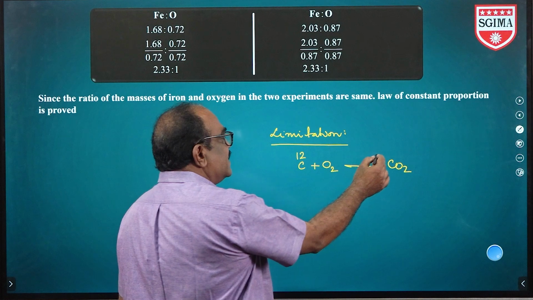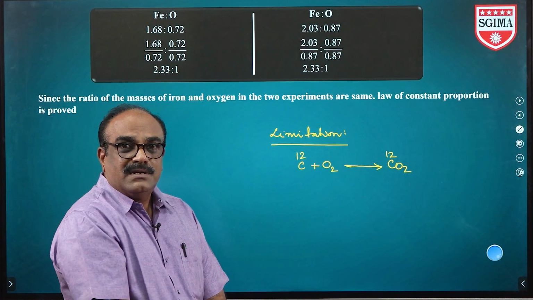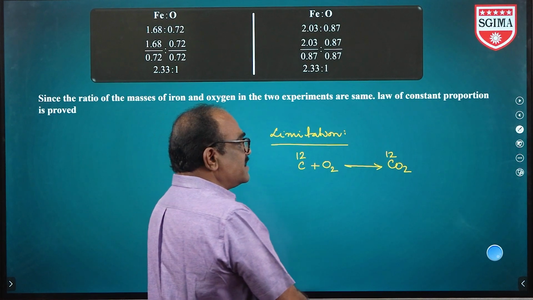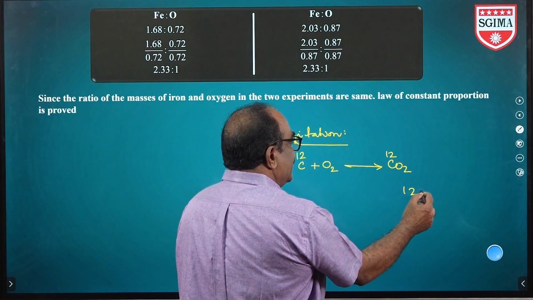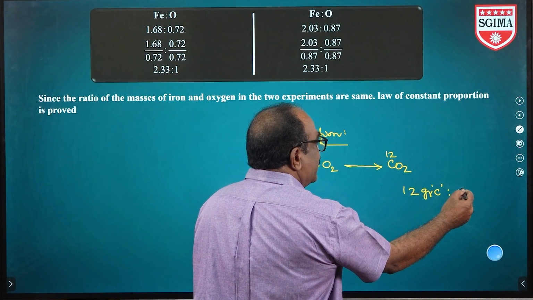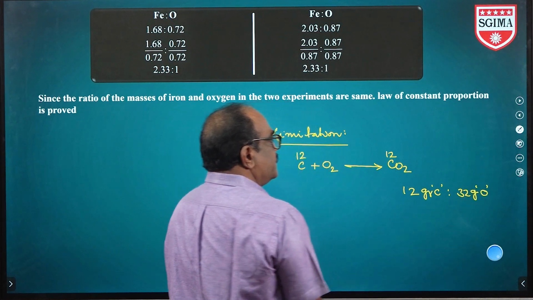Here the carbon dioxide is produced from the carbon 12 isotope. So, in this, 12 grams of carbon is going to combine with 32 grams of oxygen.